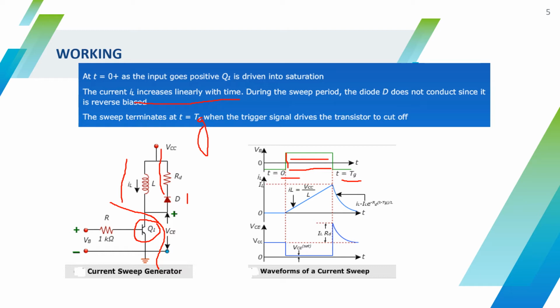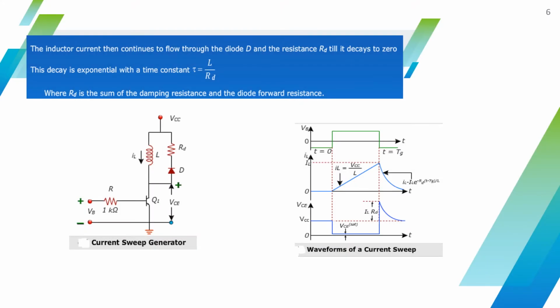Then the current through the inductor starts flowing through diode D and RD, decaying through diode D and resistor RD. The inductor current continues to flow through the diode D and the resistor RD until it decays to 0.